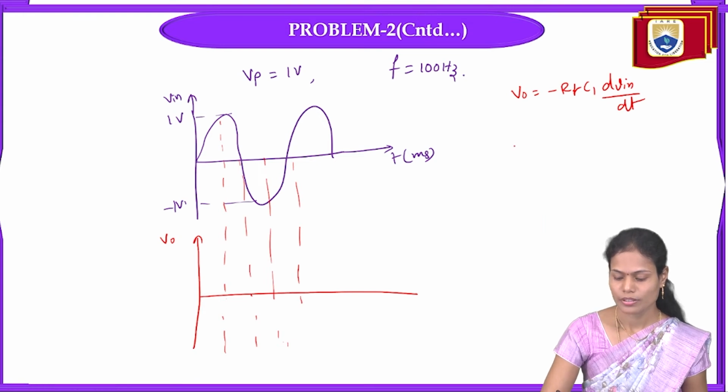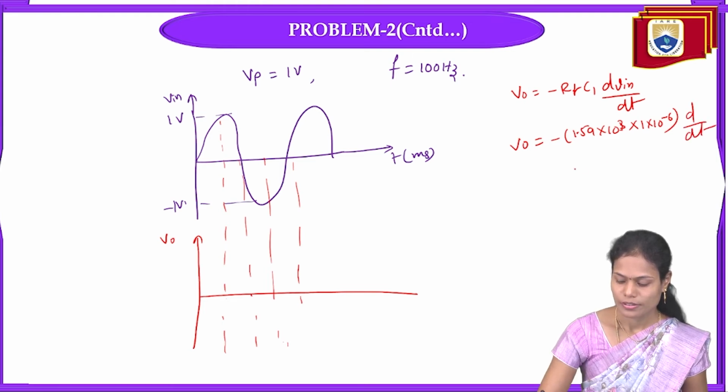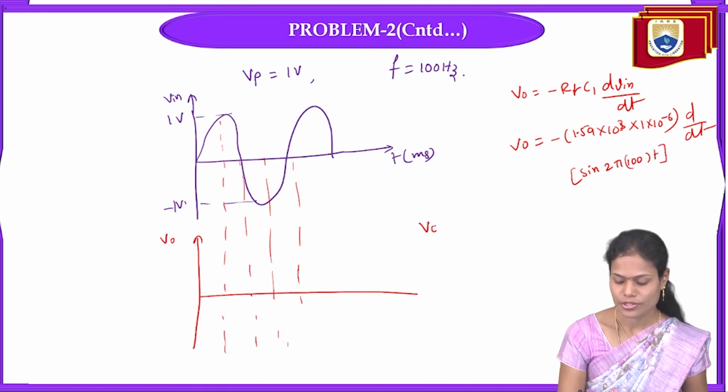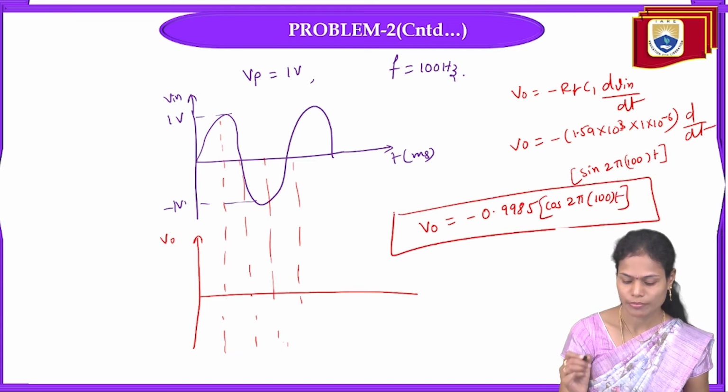Okay, so if we substitute all the values, RF value is 1.59 kilo ohms into C1 is 1 microfarad, differentiation of sine 2 pi 100 t. So after simplification, I will get V0 as minus 0.9985 cos 2 pi 100 t. So this is my differential output voltage.